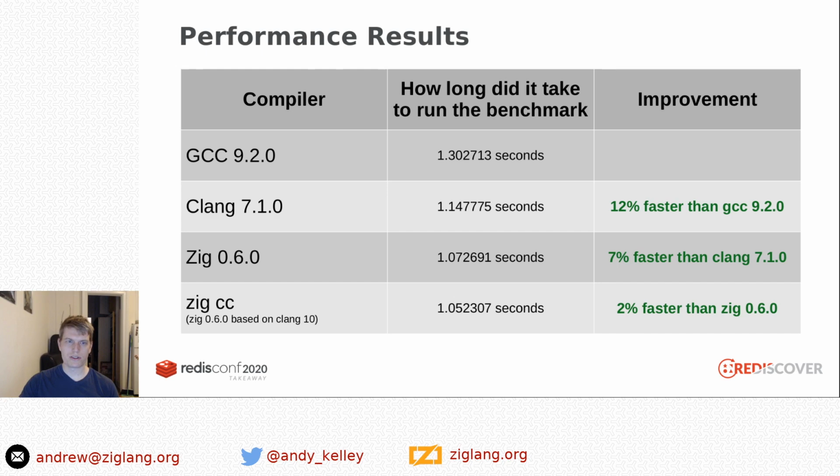What I found was that GCC was the slowest, Clang was faster by 12%. This is the C code. I found that the Zig code was 7% faster than the Clang compiled C code. And I actually found that the zigcc on the C code was even 2% faster than that. Very close though, within error margins of each other.